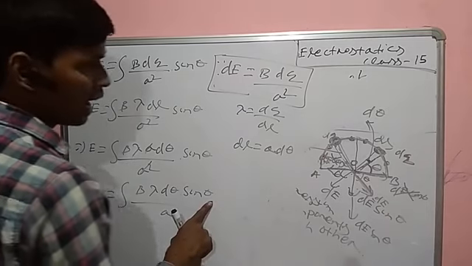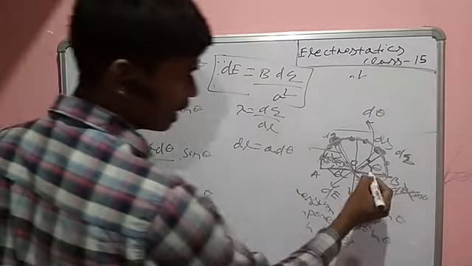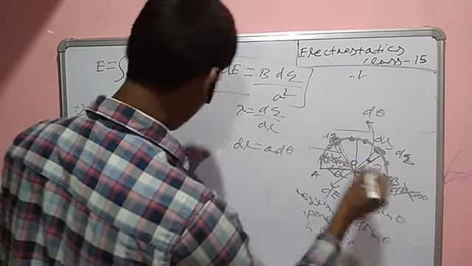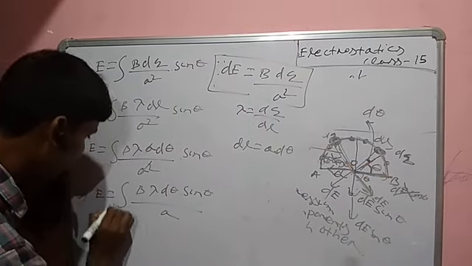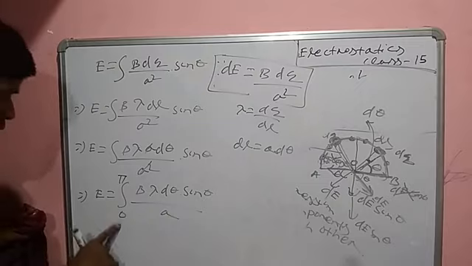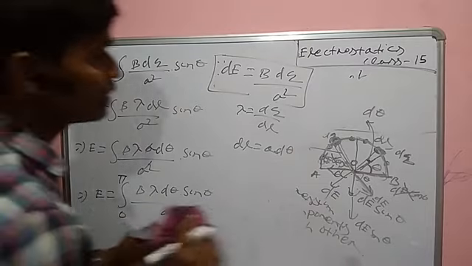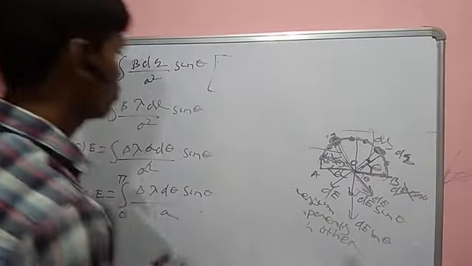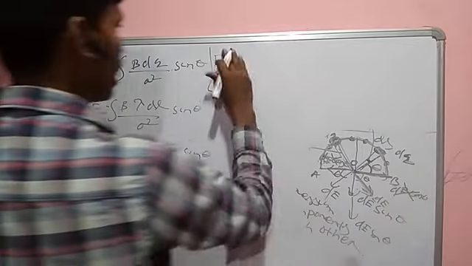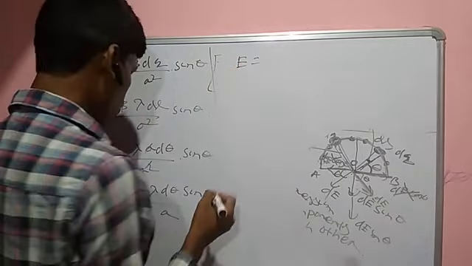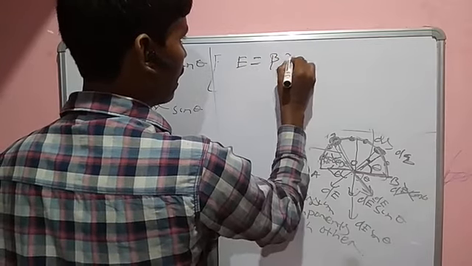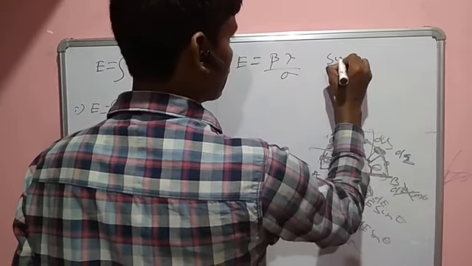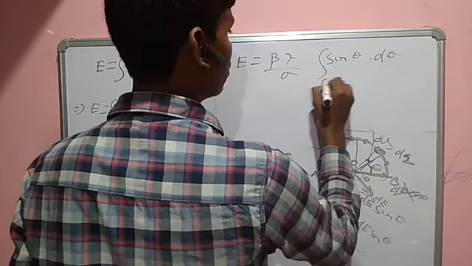But theta is expressed in the integration, so we have to integrate over theta. Theta minimum is 0, maximum is 180 degrees, so theta ranges from 0 to pi. So we can write E is equal to k lambda by a, integral of sin theta d theta from 0 to pi.